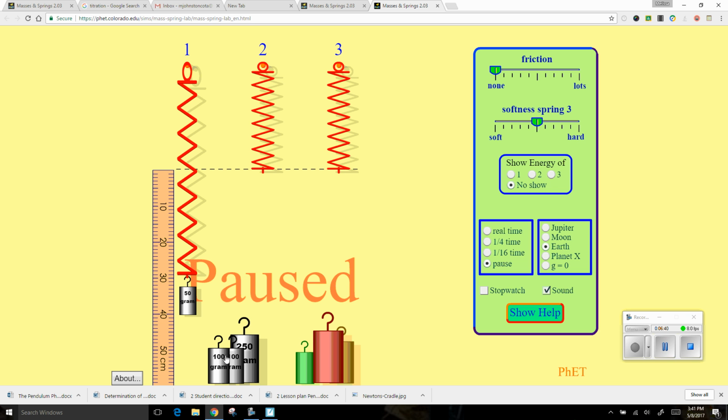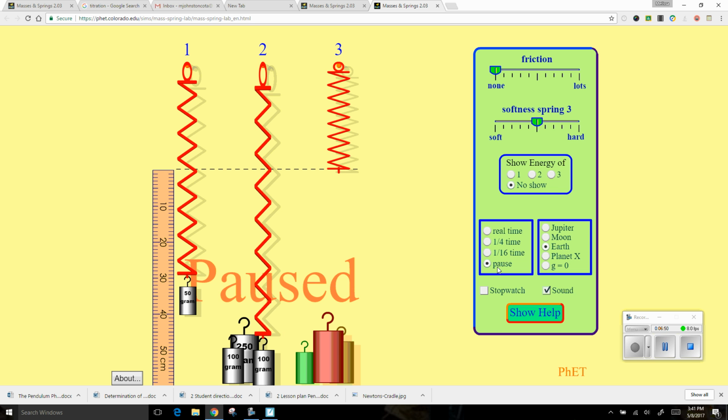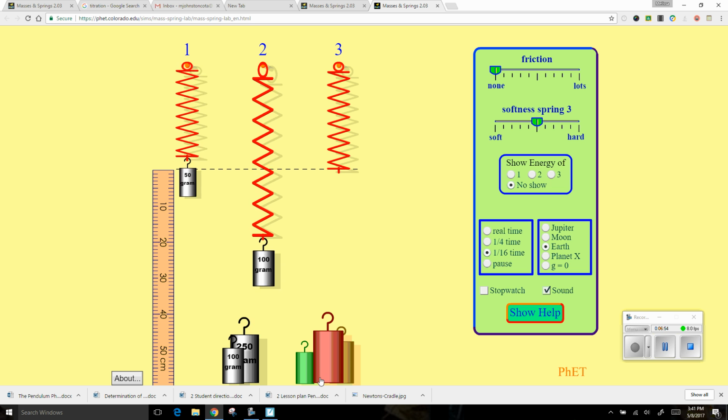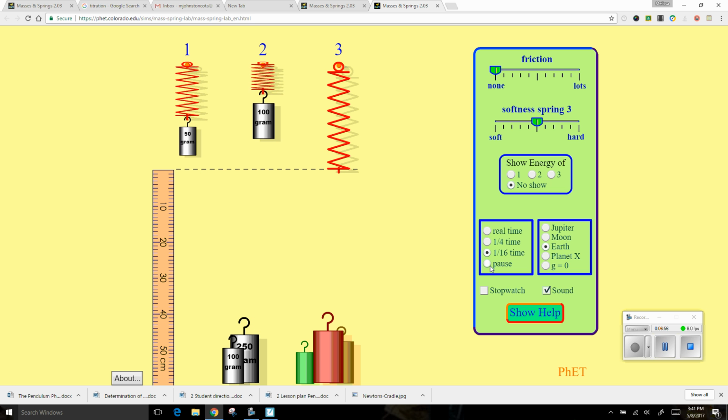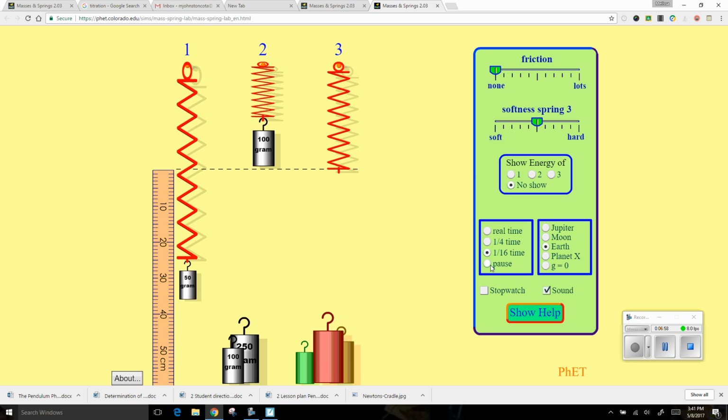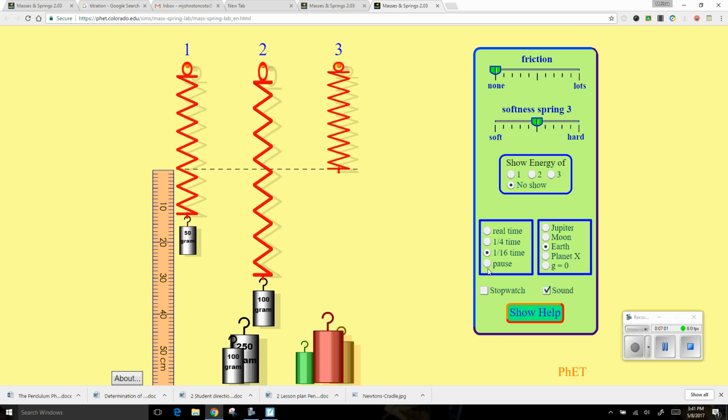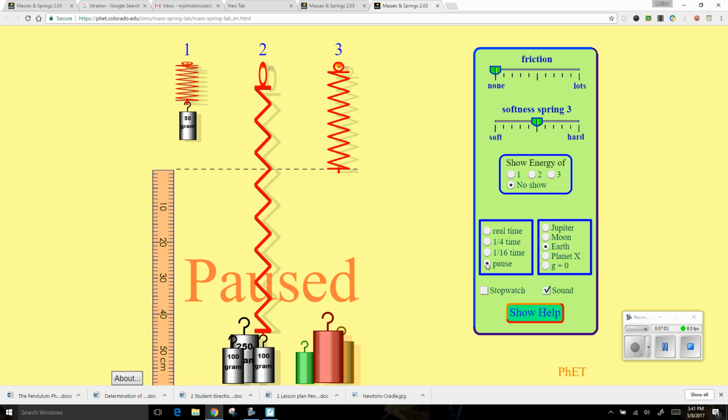If I increase that mass by 50 grams, you will see that when I pull it down and unpause it, the amount of compression and the amount of stretch will increase dramatically as well.